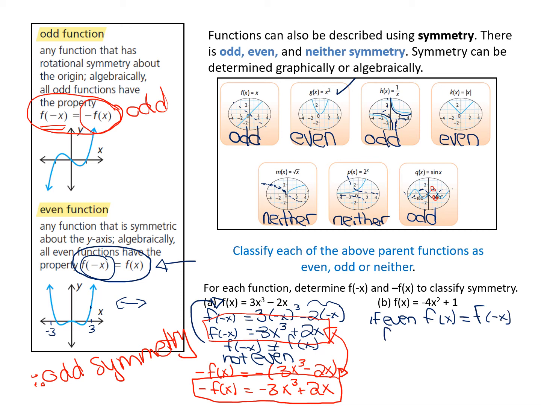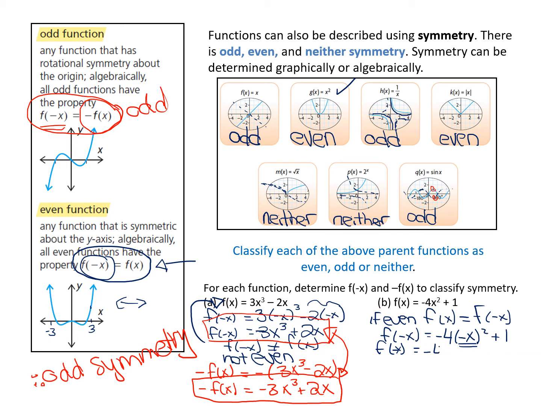So let's see, f at negative x. So I'm going to put everywhere I had an x, I'm going to substitute it for a negative x, like that. So when I simplify this, I get negative x squared. Negative x times negative x is just positive x squared. So that part's going to turn into a positive.